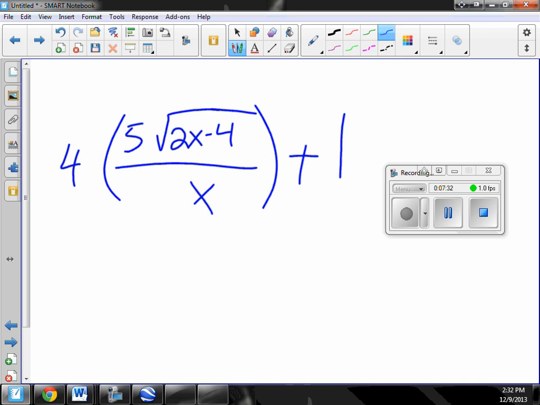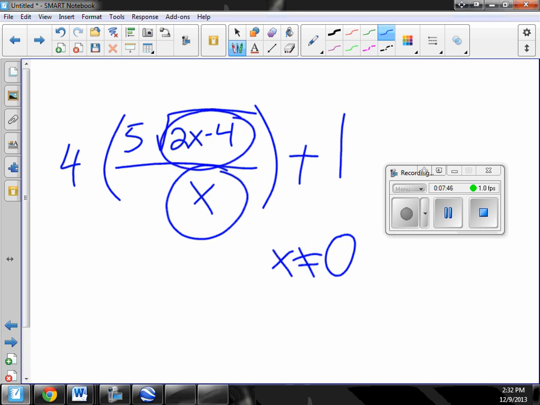Okay? So I know that x is not allowed to be 0. So x cannot equal 0. And I also know that this needs to be greater than or equal to 0. So I'm going to add 4. So x is greater than or equal to 2, in which case I didn't even need to worry about that, right?